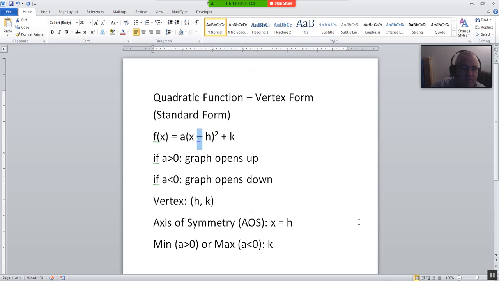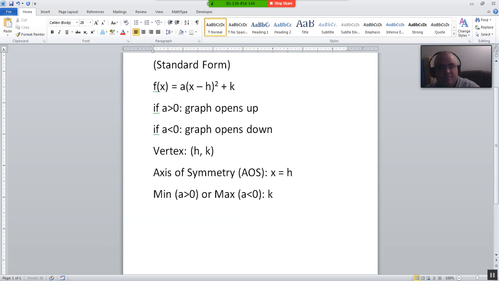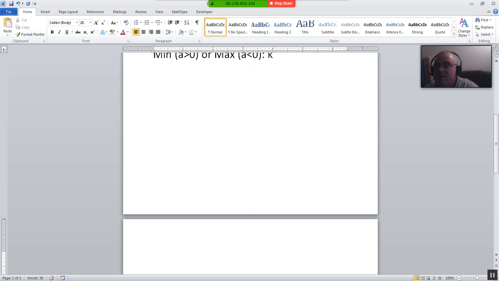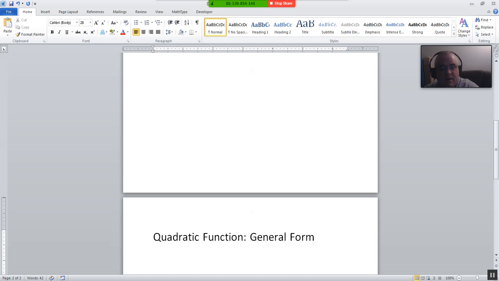Now that's vertex form. We also have something called general form. And this is when you got the form f of x is equal to ax squared plus bx plus c. A, b, and c are numbers of some sort.